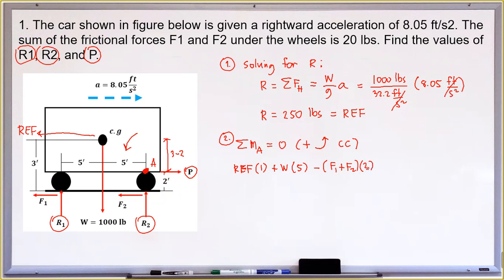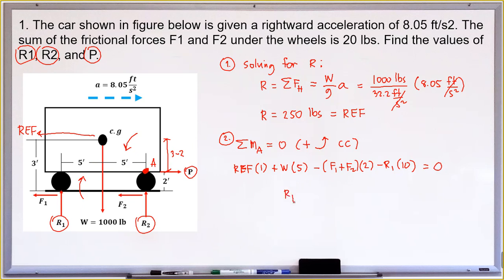So 2 minus siya because pa-clockwise ang iyahang effect. Now, what else? R1. So si R1 pangadto po diya effect, no, with respect to A. So pa-clockwise manang minus R1, and then the perpendicular distance of R1 with respect to A is 10. Okay, then that is equal to 0.